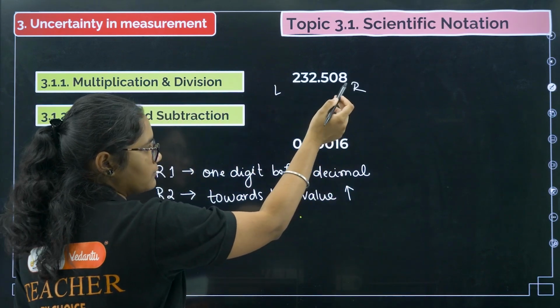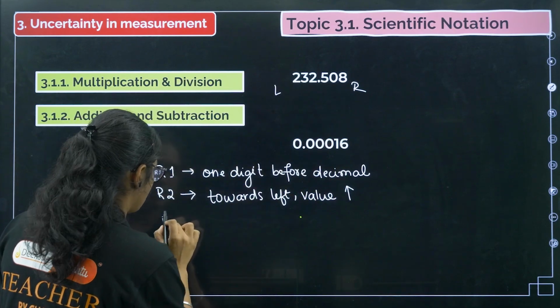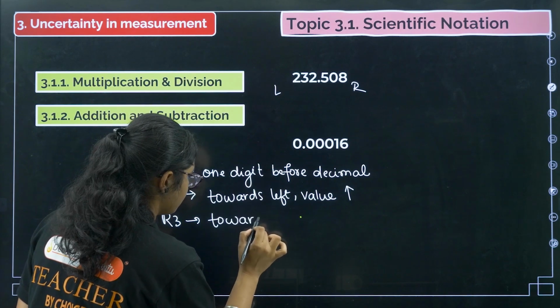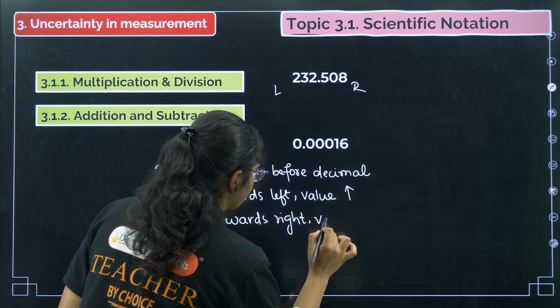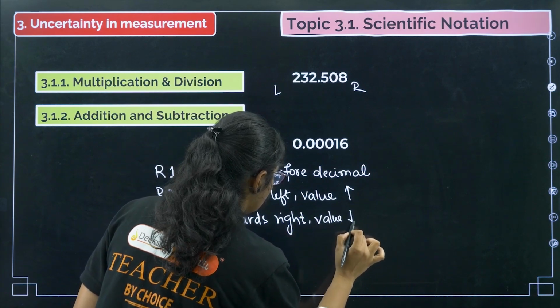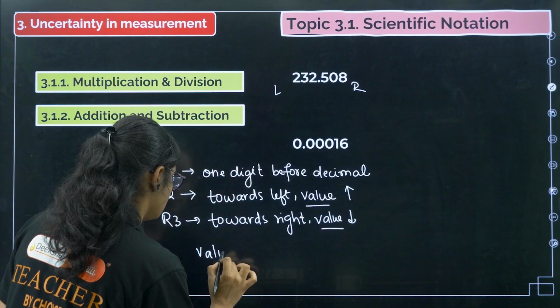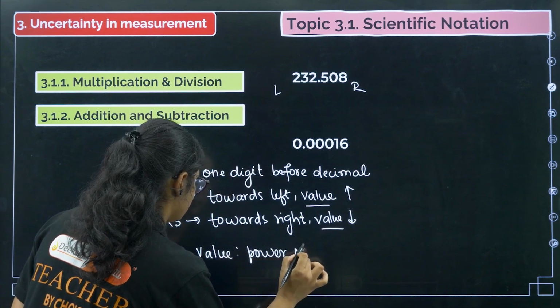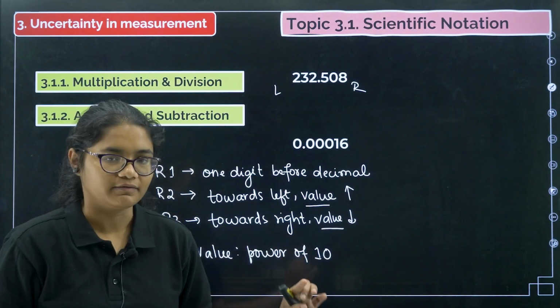If you move towards the left, the value will increase. And rule number 3: if you move towards the right, then the value will decrease. Here, value stands for the power of 10. The power of 10 will increase or decrease.